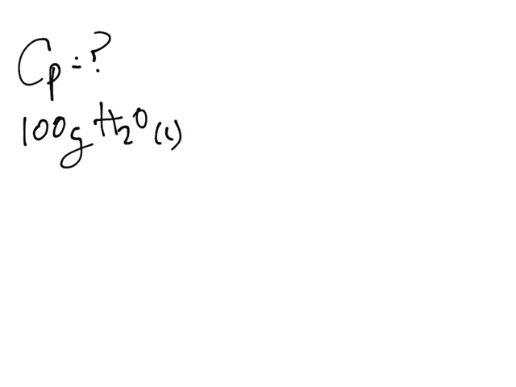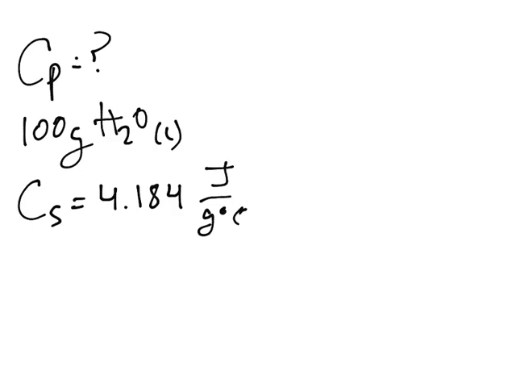And they also tell you that the specific heat capacity of liquid water is 4.184 joules per gram of water degrees Celsius. So the first question is, what is the heat capacity? And then they ask you to find the molar heat capacity of liquid water.